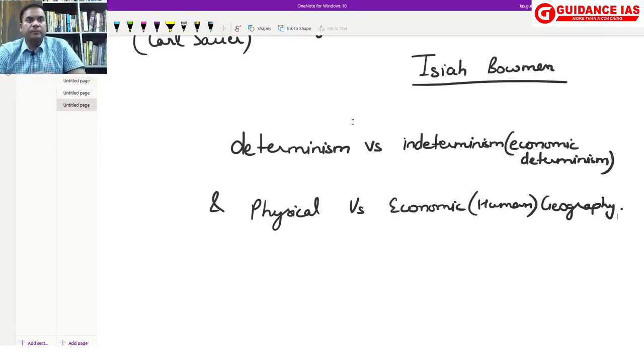So this is what basically we can write about the dichotomy and dualism, how it has developed in geography.